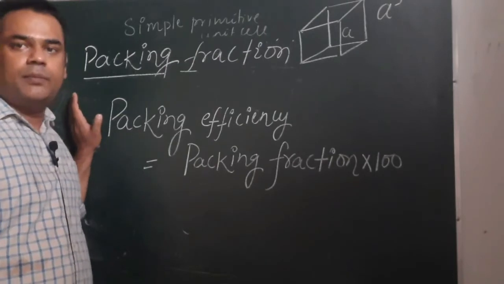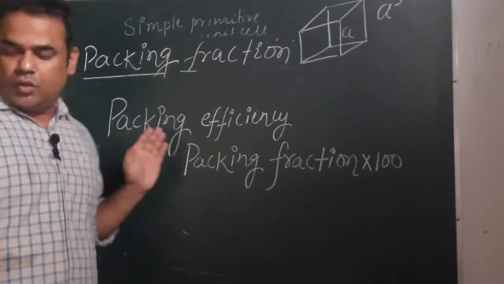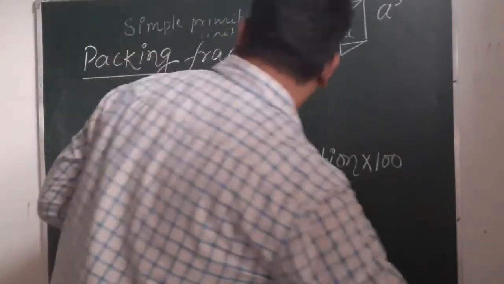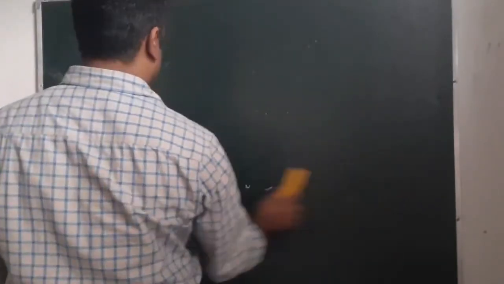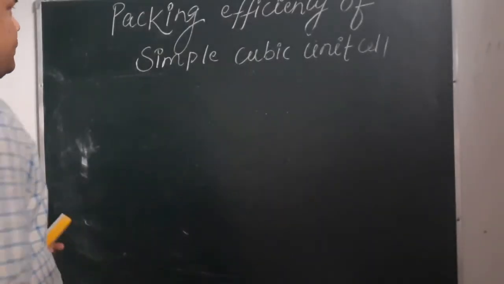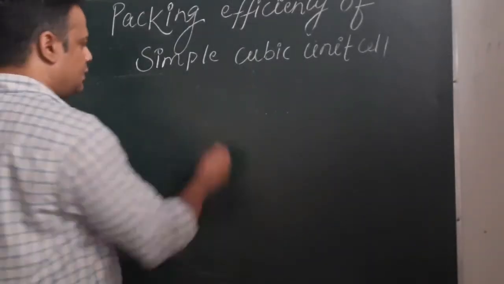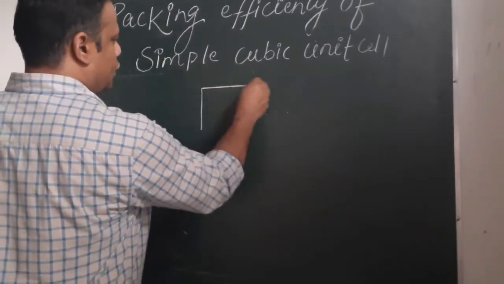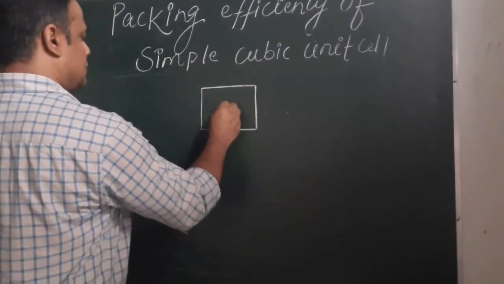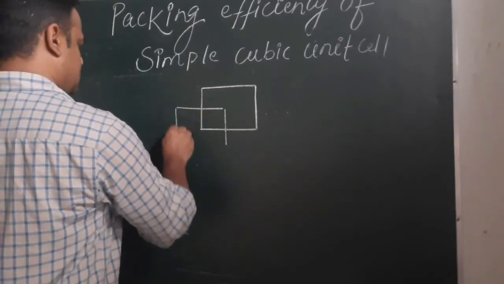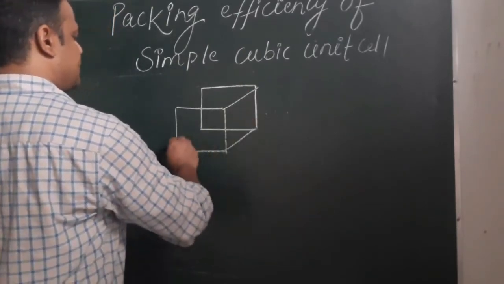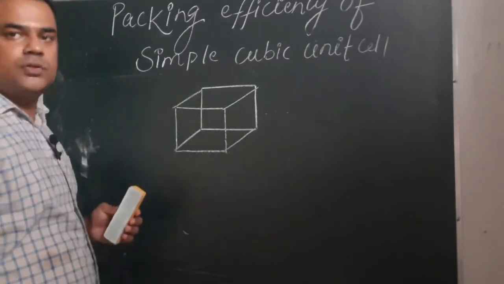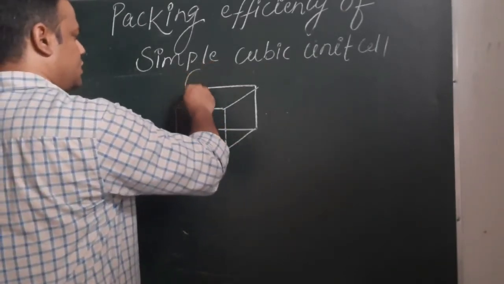Now we are going to calculate the packing efficiency of a simple cubic unit cell. This is our simple cubic unit cell, in which constituent particles are present at all the 8 corners of the cube.